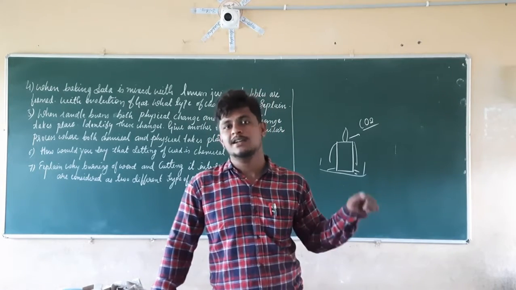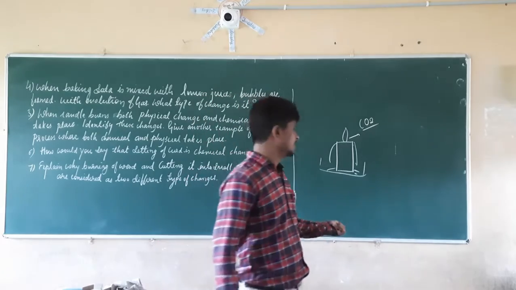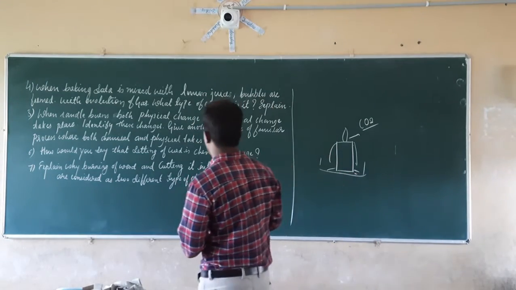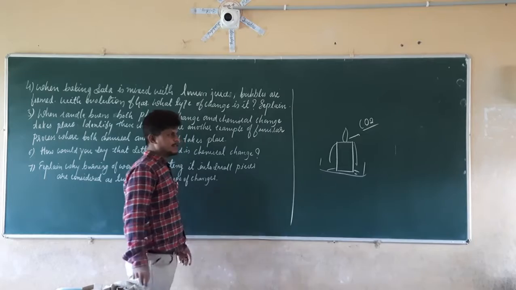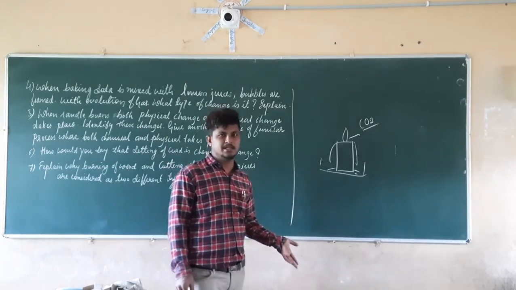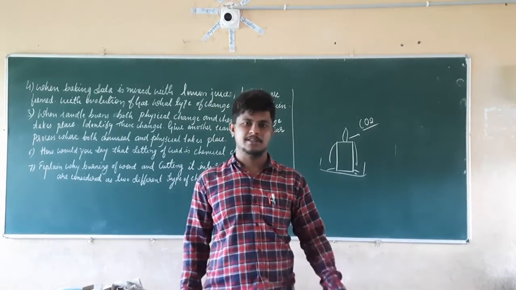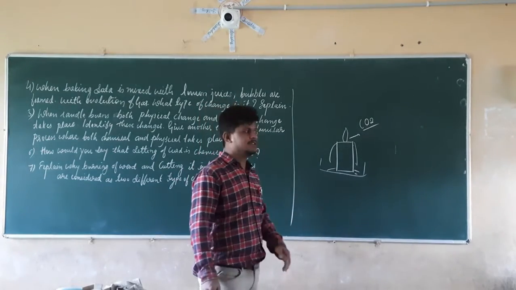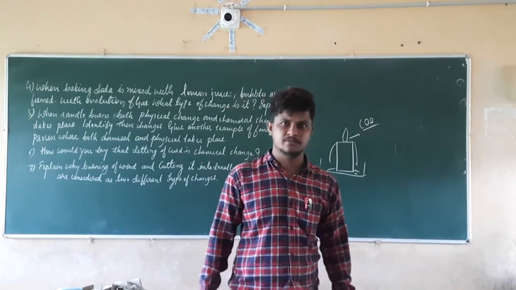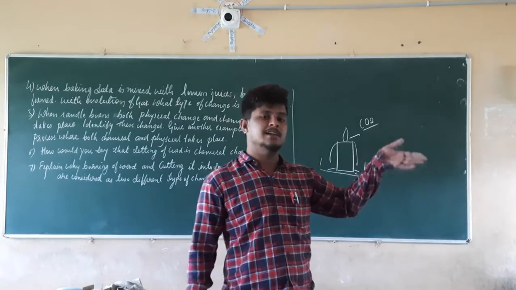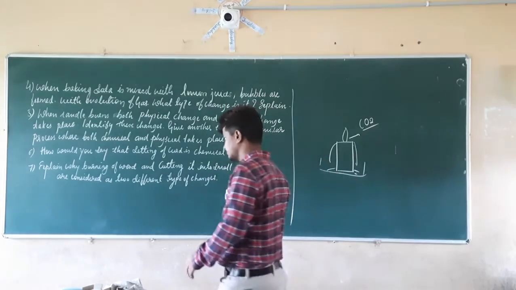Therefore, we identify the chemical change in milk to curd, first by tasting it, and second because it is an irreversible reaction. For that reason, a new product is formed, and because of that reason, it is a chemical change.